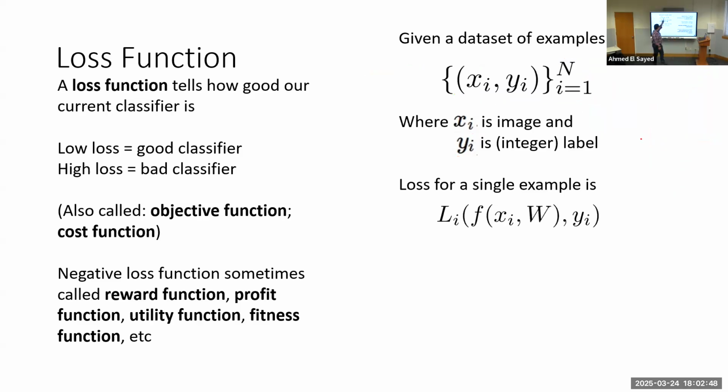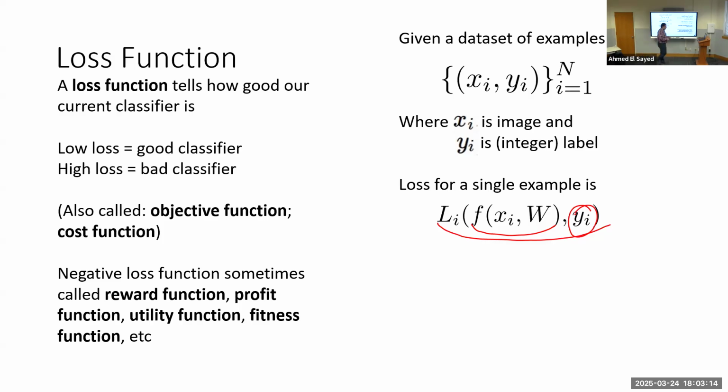Now, for each sample in this data set, I will evaluate the loss function by applying the X to the classifier to produce the score. Then the loss function will compare this vector with the scores coming from the classifier.